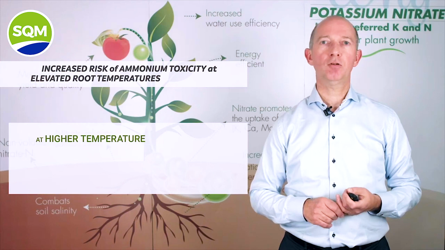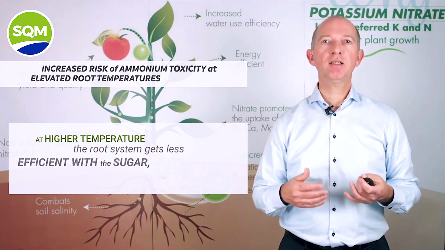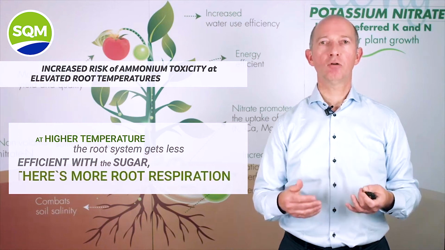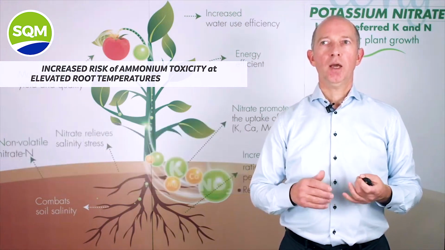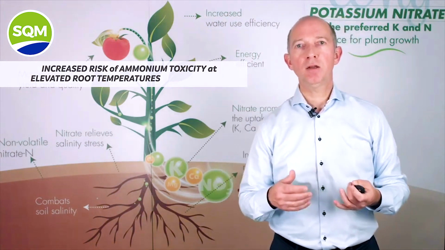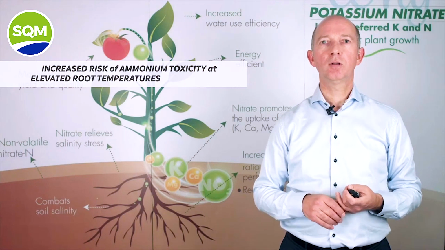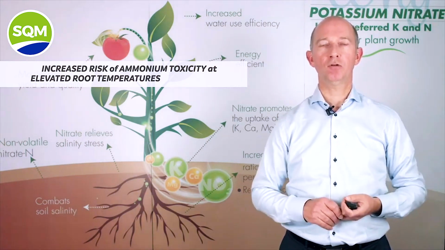At higher temperature, the root system gets less efficient with the sugar. There's more root respiration. At the same time, less sugars remain available for the ammonium metabolism that takes place in the root.